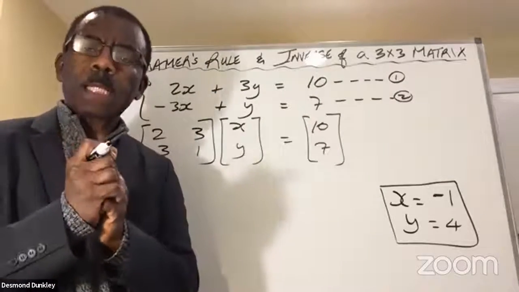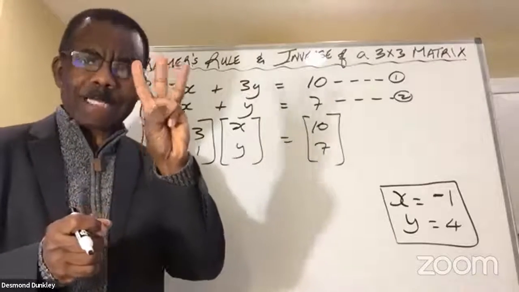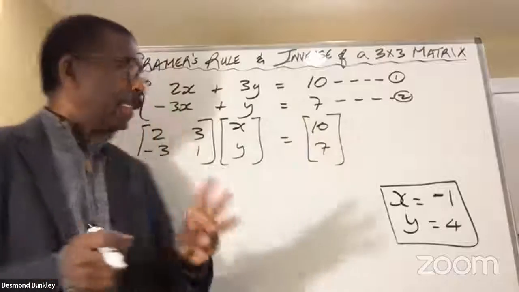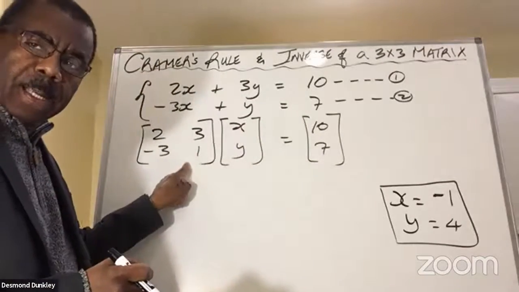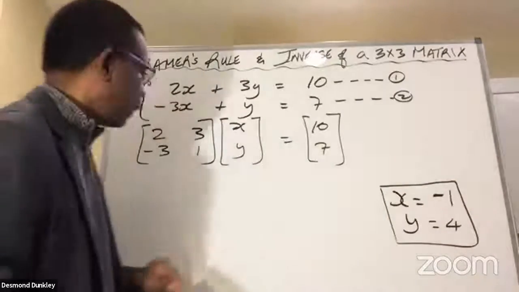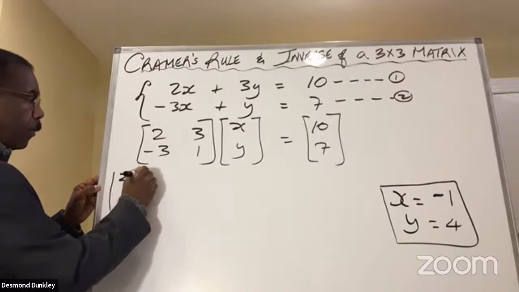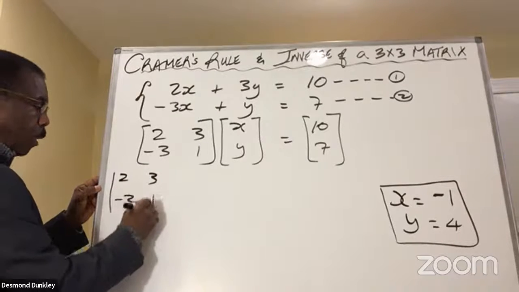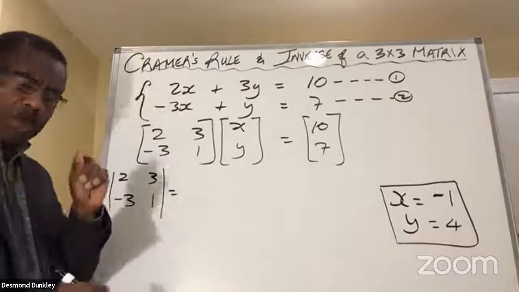And what Cramer's rule says is that we need to find 3 determinants. Yes, I said 3. One is the determinant of the original matrix, which is this, and then we'll go find 2 others. So let's go for the first one. The determinant of 2, 3, negative 3, 1. Remember I said if we use the vertical lines, that's for determinant.